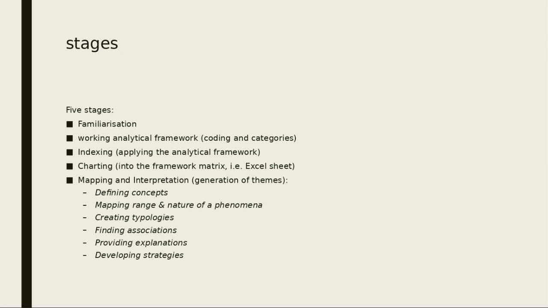That is, if you are really working towards recommendations, with strong emphasis on how to proceed after your analysis of the data. It obviously will depend on your question. So there is a range of issues that you can draw from this mapping and interpretation process.